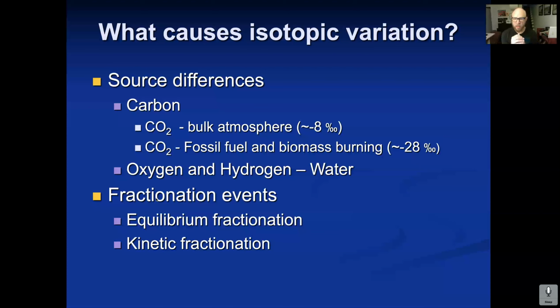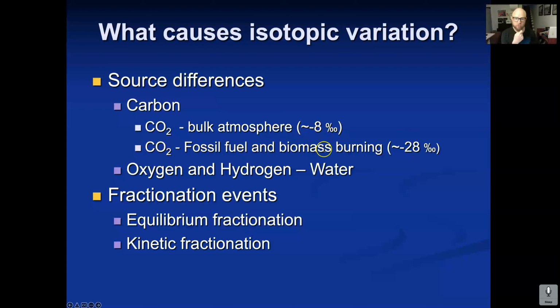For carbon, CO2 in the bulk atmosphere, in the delta notation, we're dealing with negative values. If you were to measure the ratio of C13 to C12 in the bulk atmosphere, we would be in the -8 range. And that's -8 per mil. That's how you would read this symbol here. It looks like a percent, but it's got this extra 0, so it's per mil.